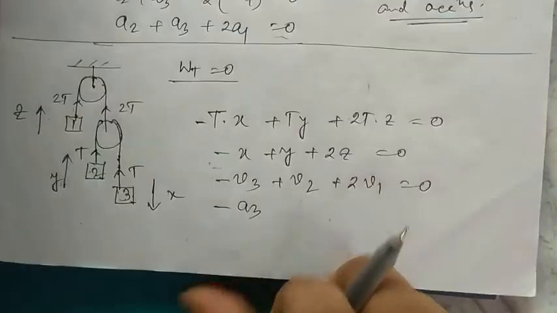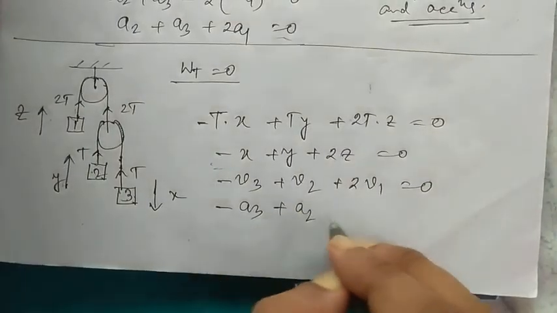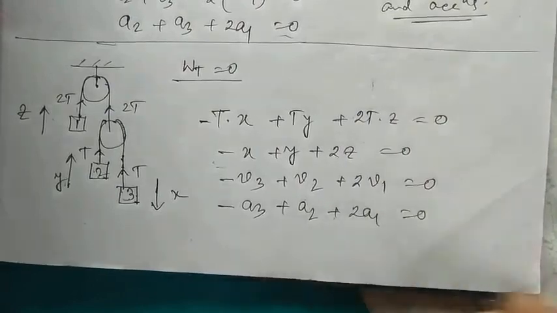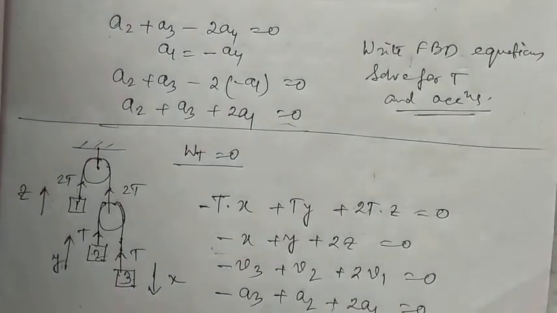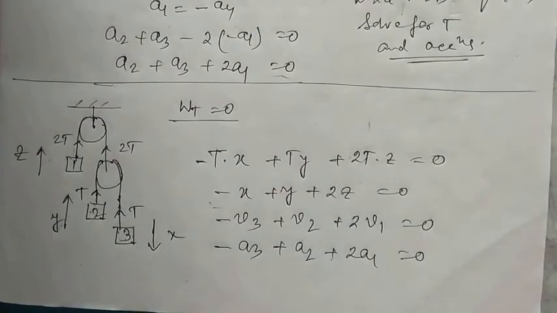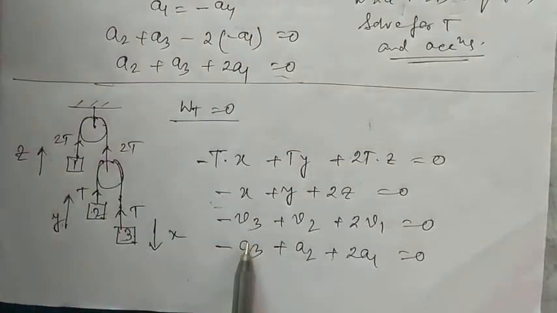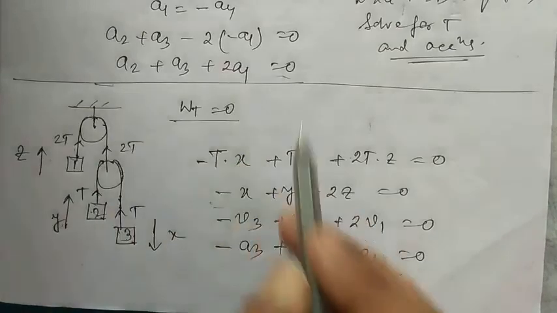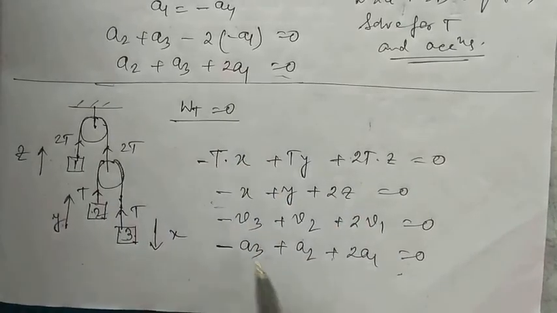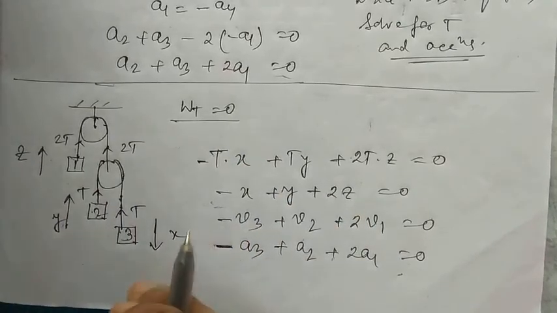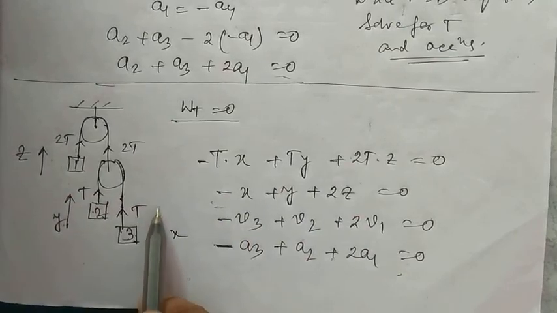Another derivative will give the acceleration relation: minus a3 plus a2 plus 2a1 is equal to 0. Now this is the same relation that we have got, except for the fact that this has a negative sign because we have already taken into account that this acceleration is downwards.